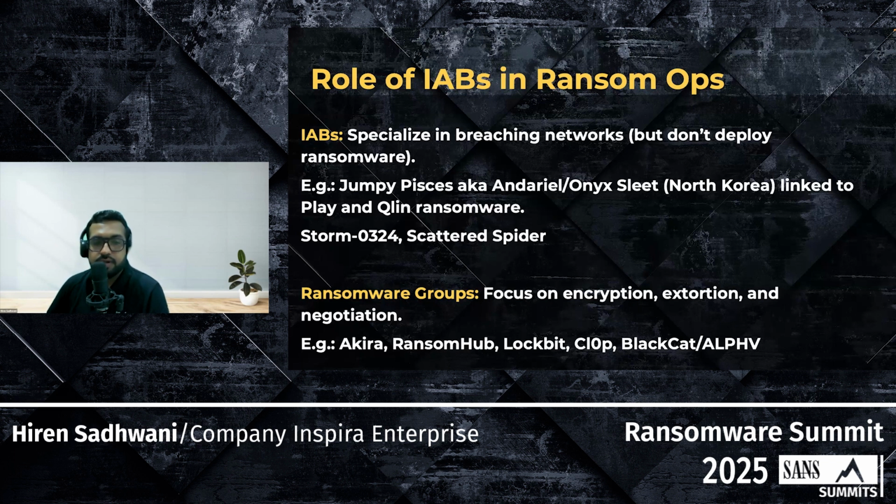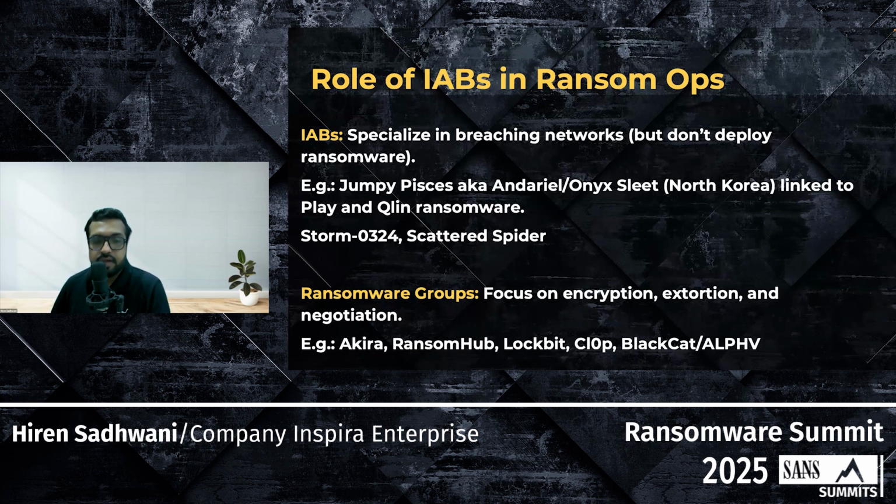Those initial access brokers breach the network, get the access, and sell it to other actors. Some of them also scan the network to find out how many hosts are in the network and what the worth of the access is, and then sell it according to the price.